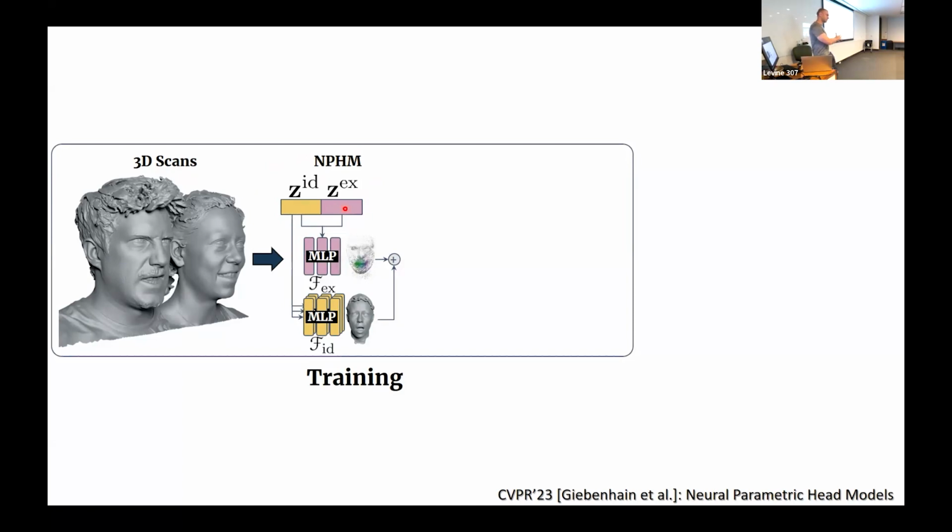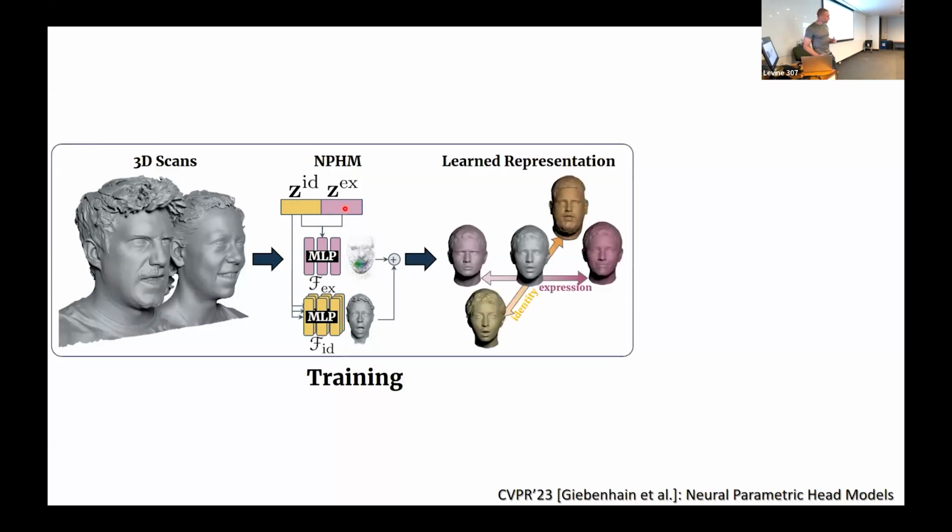If I change the expression, I don't want to change the identity. Then I want to learn this latent representation such that when I change these, I can animate and traverse the parameter space of these models. The key of this is that you want to make sure that expressions and identity don't interact with each other. They need to be disentangled.